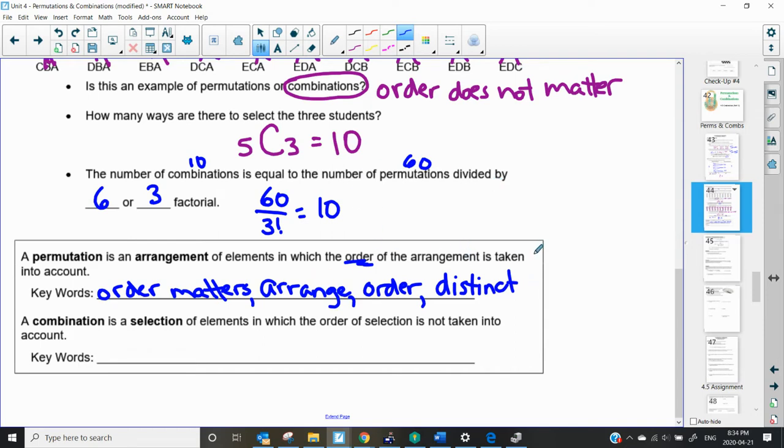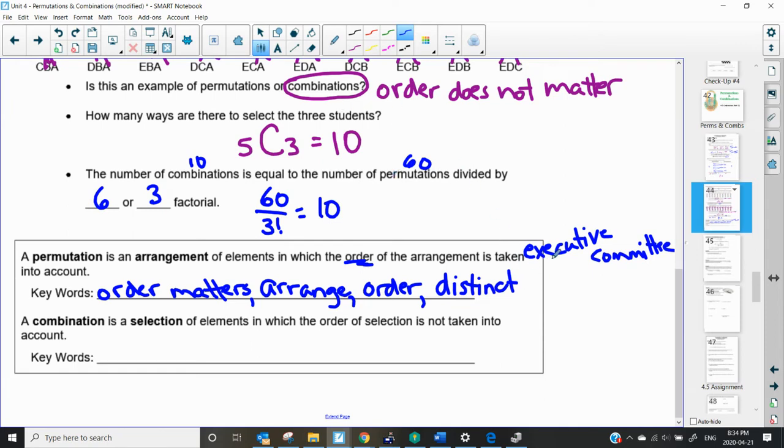Now, there's also certain types of word problems that often lend themselves to permutations. If you're asked about anything related to an executive committee, this is going to be an example where order matters. If you think about 4-H, we elect a president, a vice president, a treasurer, and so on. Well, who gets those positions matters, and it's not just all equal responsibilities. So an executive committee, order matters.